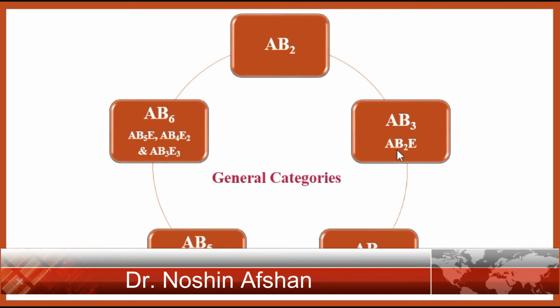For example, AB3 has been categorized into the AB2E system and AB4 into the AB3E and AB2E2 systems. All these systems and their subcategories have been designed depending on the number of bond pairs and the number of lone pairs. Their detail is explained here.